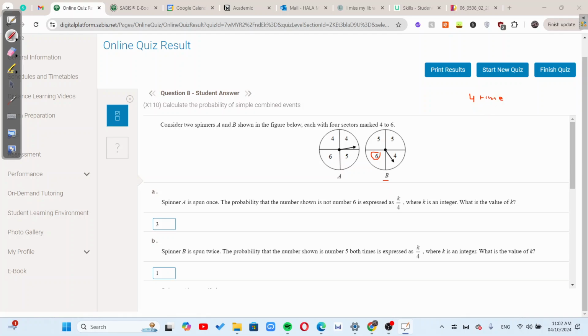Okay, so we need to consider that the first 3 times he spun it is not right. We need to make sure that if he's getting it on the 4th trial, then his first 3 trials were wrong. So what's the chance that he does not get it on the first try, or second try, or third try? What's the chance he doesn't get it on the first try?